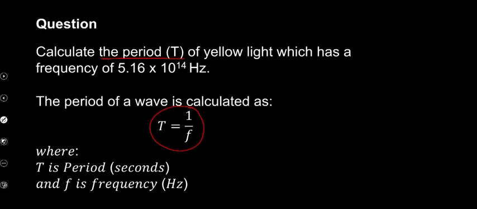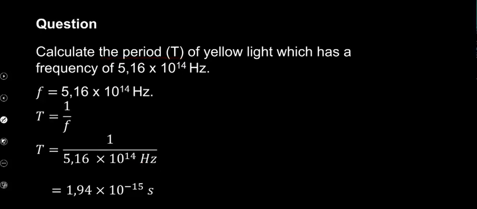Also, it's important to recall that period is measured in seconds and frequency is measured in hertz. So to perform our calculation, we already have our formula. All we need to do is substitute the frequency value that we have, 5.16 times 10 to the 14 hertz, and then put it into our calculator.